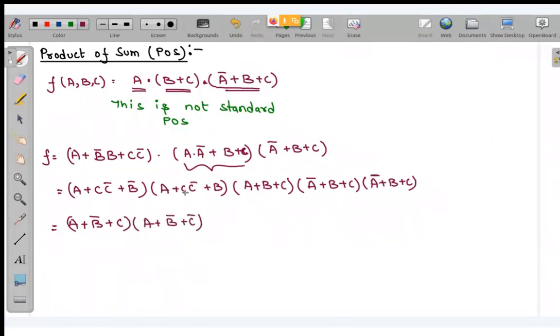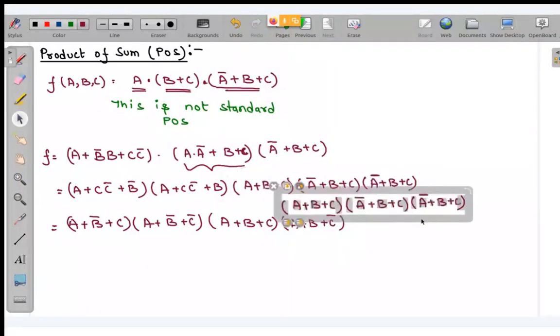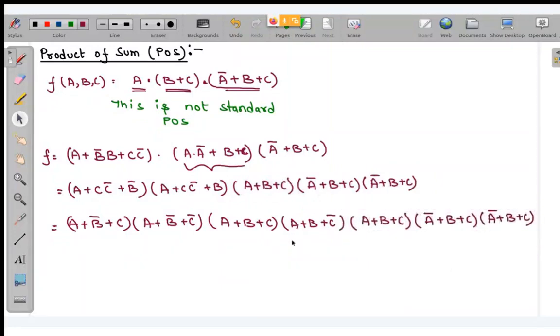This needs to be expanded, so this will be A plus B plus C, A plus B plus C complement. Again these three terms are present. Now you can see all the terms have A, B, C present.